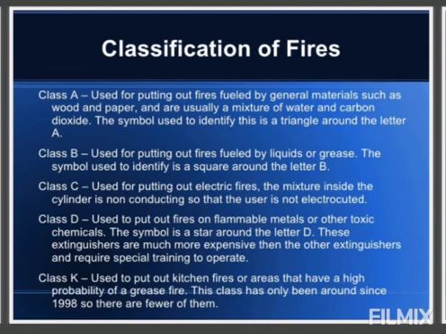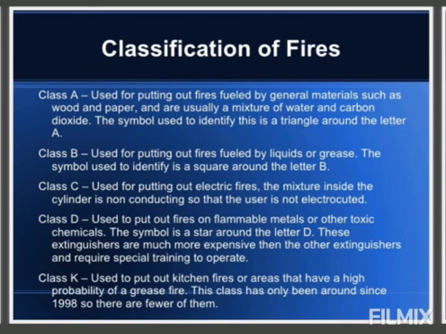We know that there are six classes of fire, on the basis of the substances involved. Class A is the ordinary combustible substances, for example trash, wood, paper. Class B includes flammable liquids, for example oils, grease.